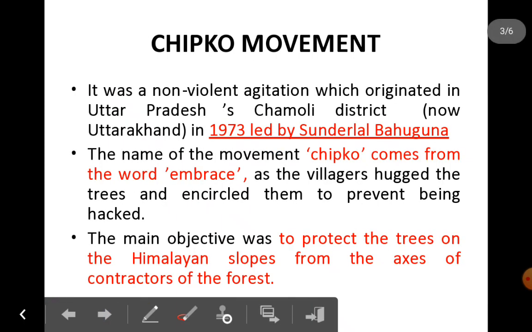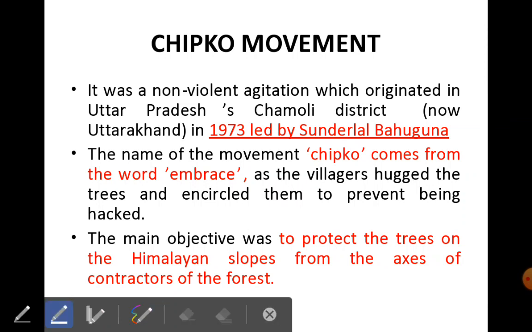Let's move further. I already told you the CHIPKO movement is the only movement explained in the book, so we'll go through a small gist of it. It was a non-violent agitation which originated in Chamoli district of Uttar Pradesh, which is now in Uttarakhand, and it was led by Sundarlal Bahuguna in 1973.